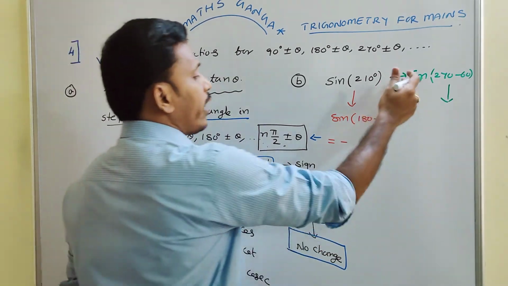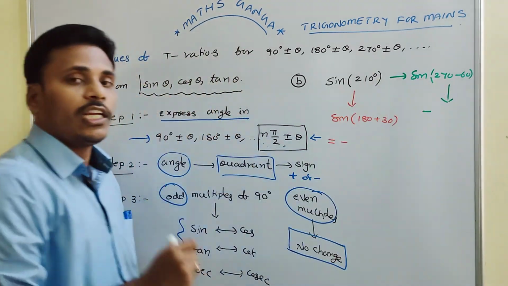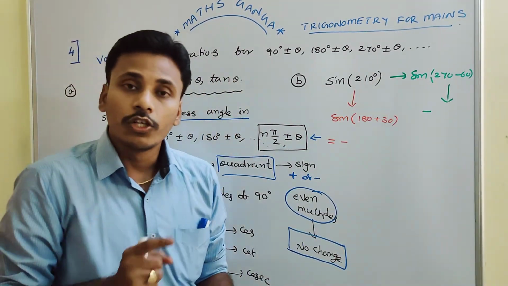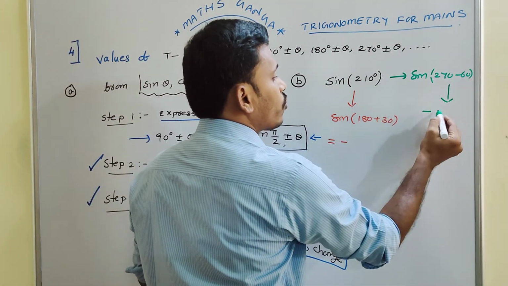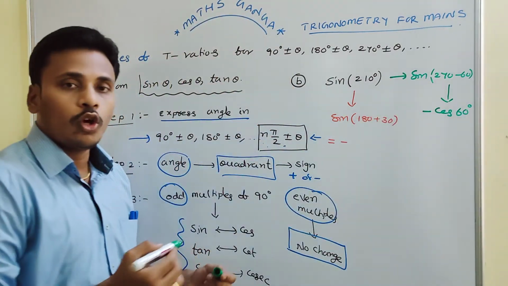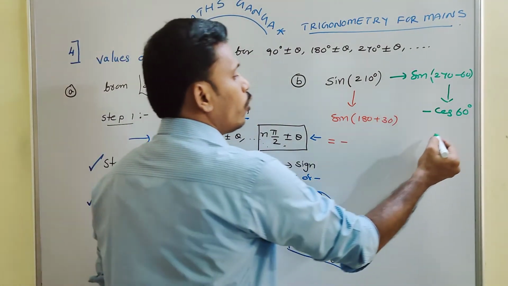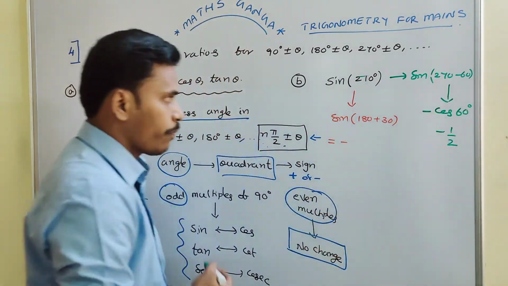So here the sine value is negative, so minus. And here 270 is 90 into 3, an odd multiple of 90, so sine will become cos. So sine of 270 minus 60 is nothing but minus cos 60 degrees. And we know that cos 60 degrees is 1 by 2. So its value is minus 1 by 2 if you move in this manner.